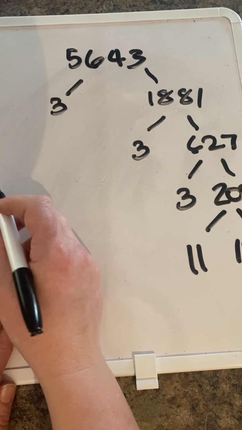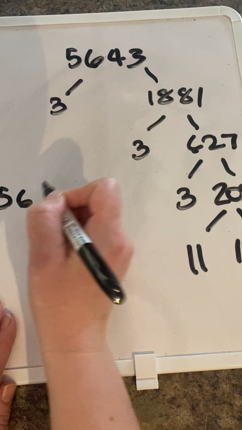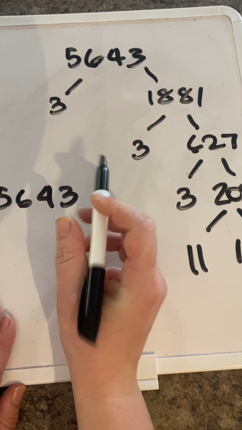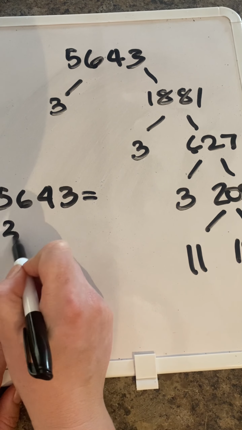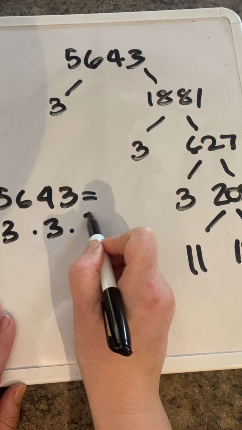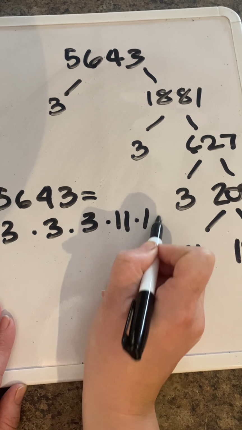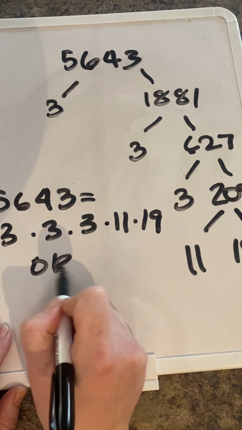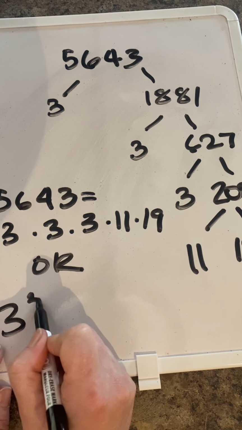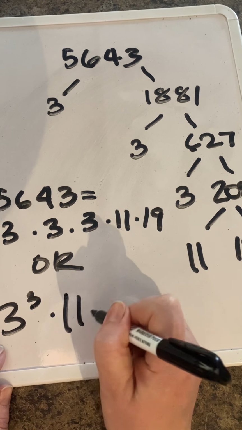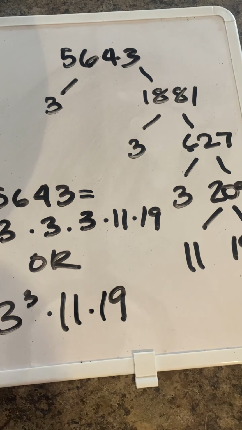So I can say 5,643 equals 3 times 3 times 3 times 11 times 19. Or I can write it 3 to the power of 3 times 11 times 19.